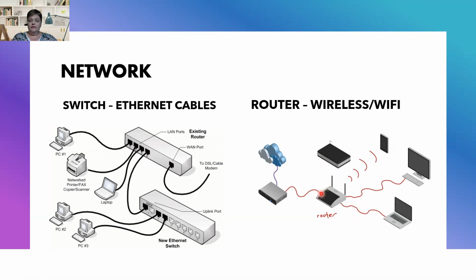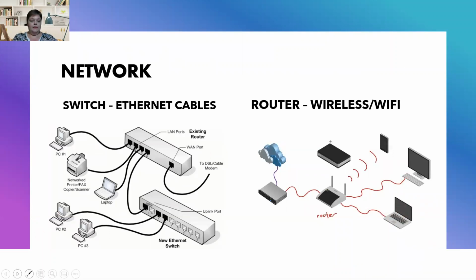There's a router in an area, and this will broadcast the internet signal to your devices. So you will either be able to go to a switch and then connect to a cloud, or you will be able to connect with your cell phone, with a PC if it's got a network card, and a laptop.